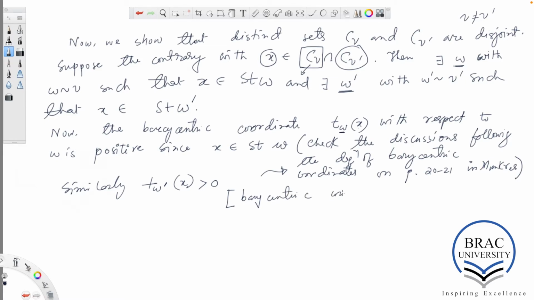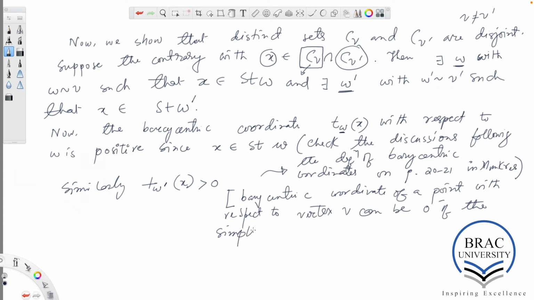The barycentric coordinate of a point with respect to a vertex v can be 0, if the simplex having the point in its interior does not have v as a vertex.